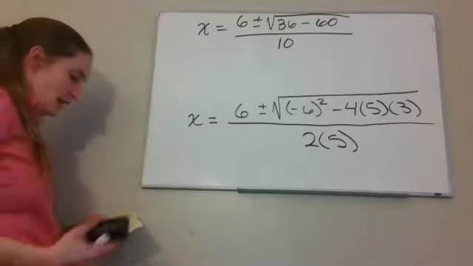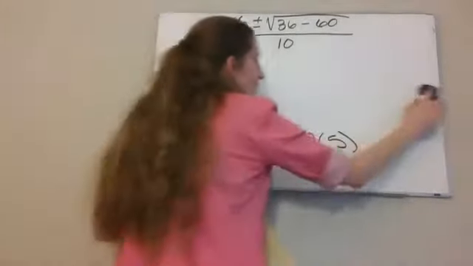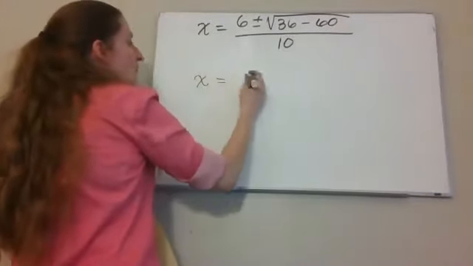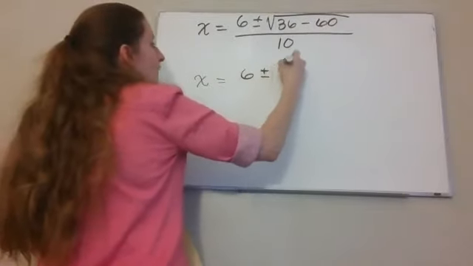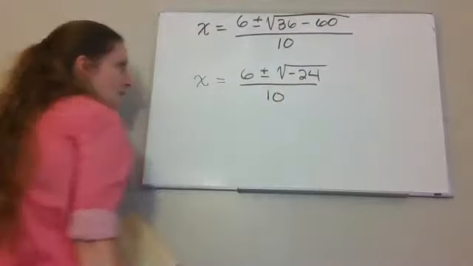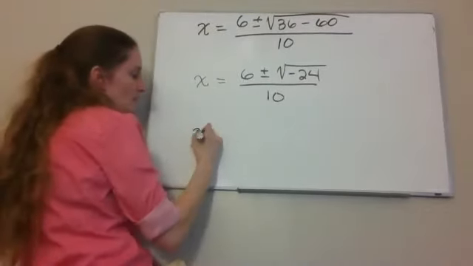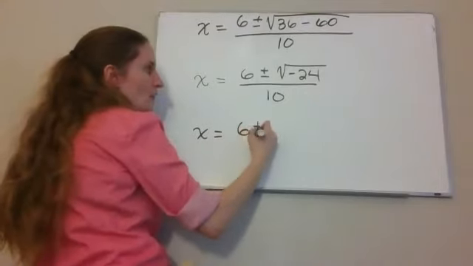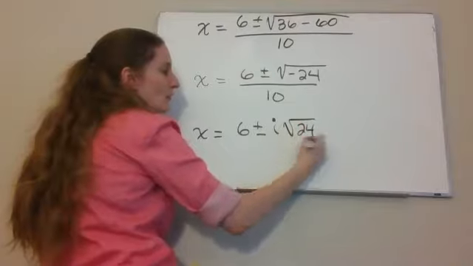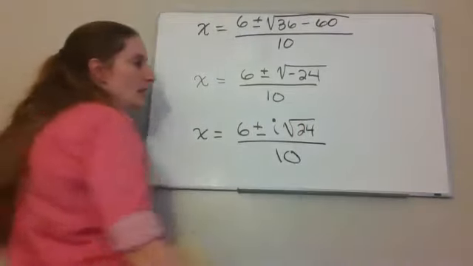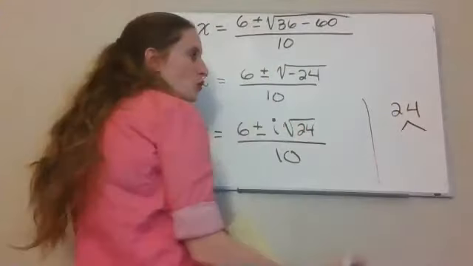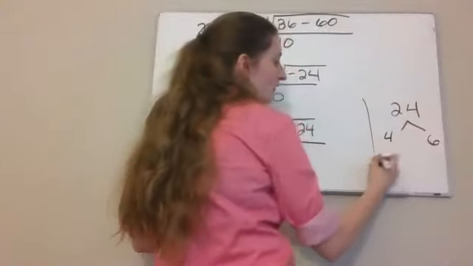Now, 36 minus 60 is negative 24. So x is equal to 6 plus or minus the square root of negative 24 all over 10. We know the square root of negative 24 is i times the square root of 24. And to simplify that square root of 24, we know 24 is 4 times 6.